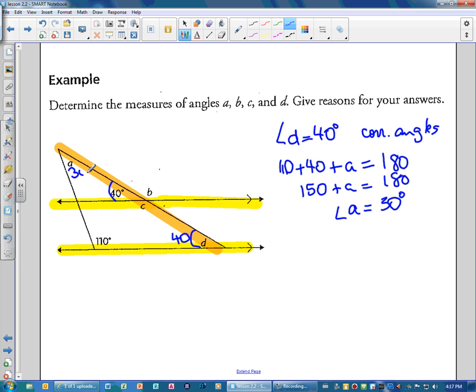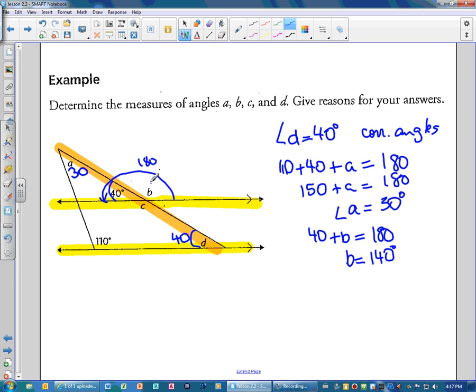Put that in there. All right, angle B is supplementary with 40. Here, I have half of a circle that has to add to 180 degrees. So I know that 40 and B have to make 180 degrees, so B is going to be 140 degrees.